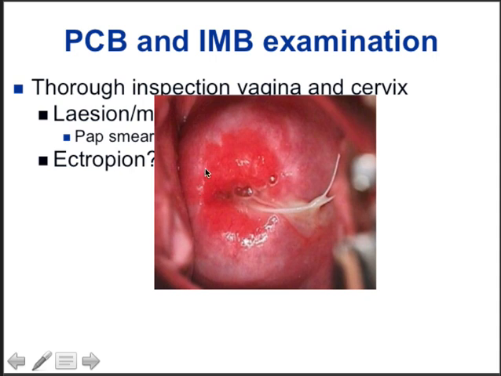So the transition here is the squamocolumnar junction. The red part here is described as an ectropion, which means the cylinder cells have presented themselves outward, moving outward from the cervical canal. It's physiological and does not warrant treatment in general.